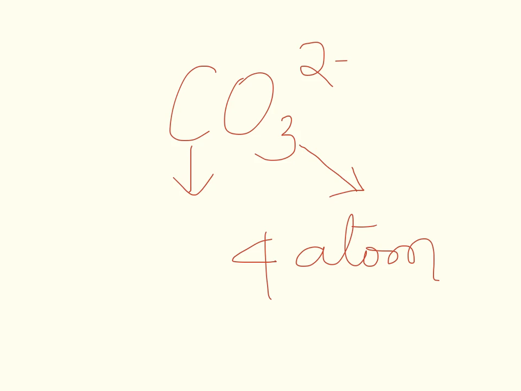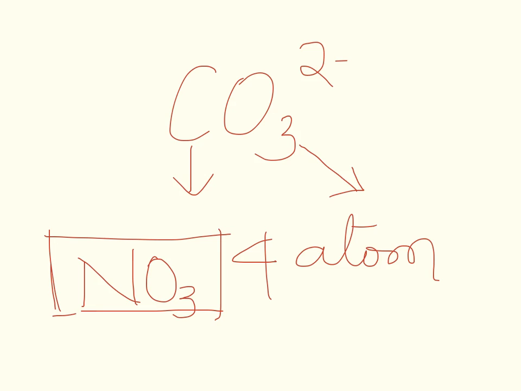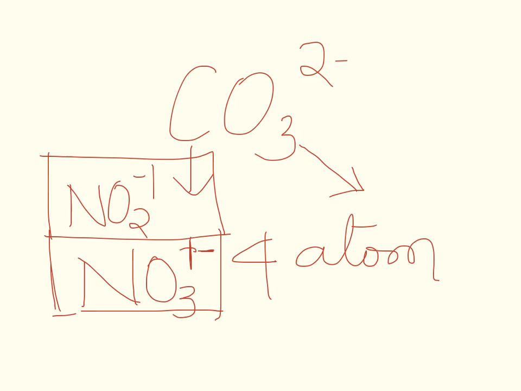So, the one thing you have to do is memorize the names and formulas of polyatomic anions, or polyatomic ions. So if we say write the name of nitrate, for example, you should be able to write it as NO3 1 minus. This is different from nitrite, which is NO2 1 minus, or minus 1, whichever the case.